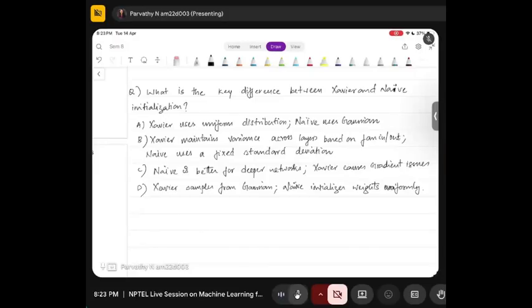Whereas in the naive, regardless of the layer width or whatever it is, it doesn't take into consideration any of those parameters, but it just randomly draws values for weight initialization from a specific distribution with a specific fixed standard deviation. So which may work very poorly for certain neural networks.